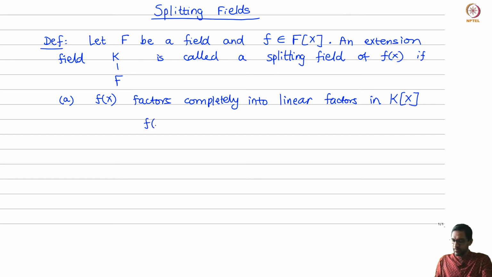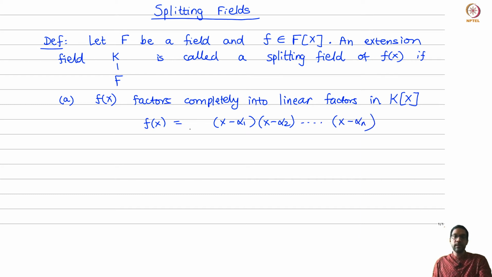In other words, I can write f of x as a product of x minus alpha 1, x minus alpha 2, x minus alpha 3 and so on till x minus alpha n, and of course if you assume that the polynomial is not monic, that there is some leading coefficient, then that leading coefficient also comes out in front. Okay, so we will typically assume that we are talking about monic polynomials or ones where the leading coefficient is 1.